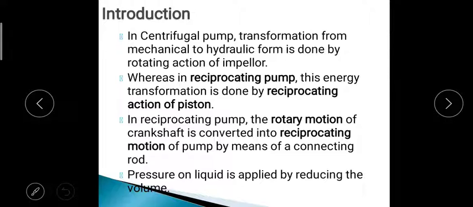In a reciprocating pump, the rotary action of the crank is converted into reciprocating motion of the piston. And here the pressure is applied by reducing the volume. The volume of water discharged is reduced, but the water which has to be discharged will be high.